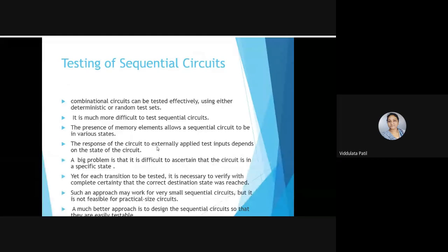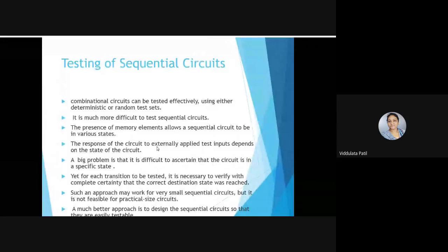This is the big problem: it is difficult to ascertain that the circuit is in a specific state. We cannot assure that in the previous state the circuit was in this state only, and then continue with that. That is not possible in a sequential circuit.